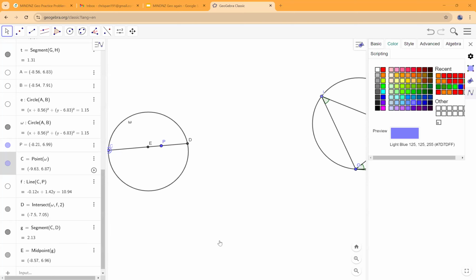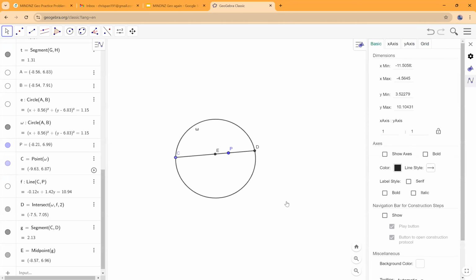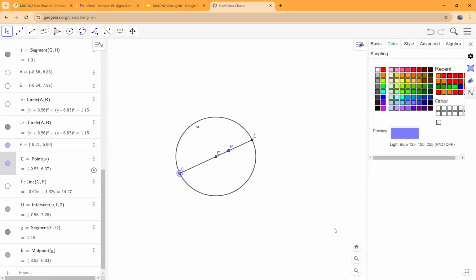Okay. Well, one special chord I can think of is the diameter, right? What if we take CD to be the diameter which passes through P?